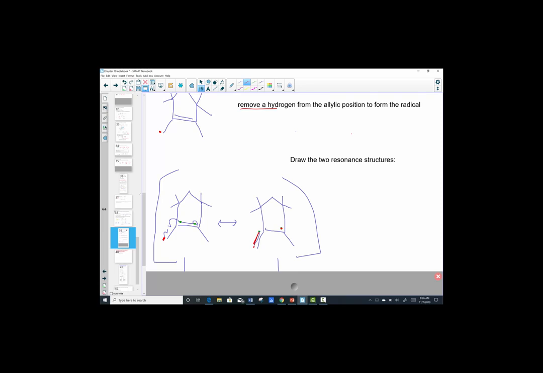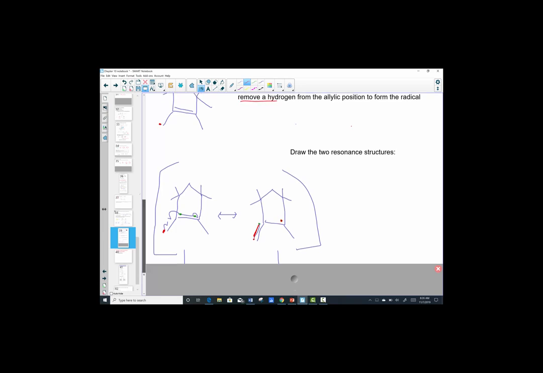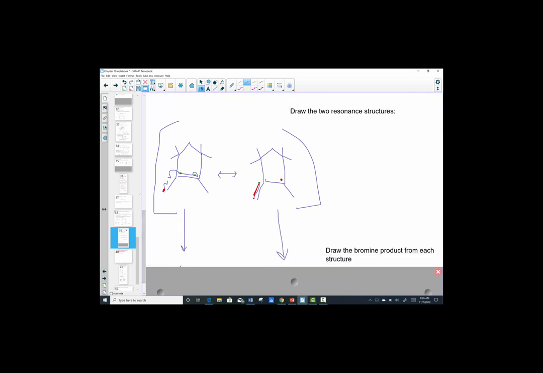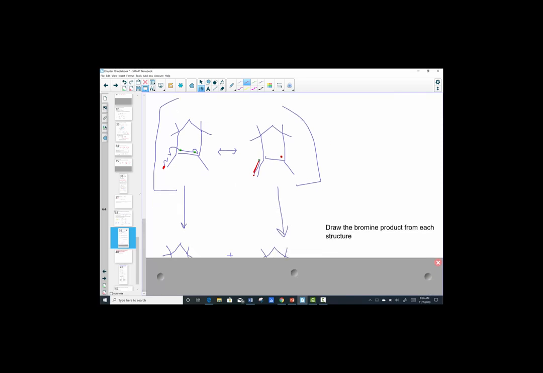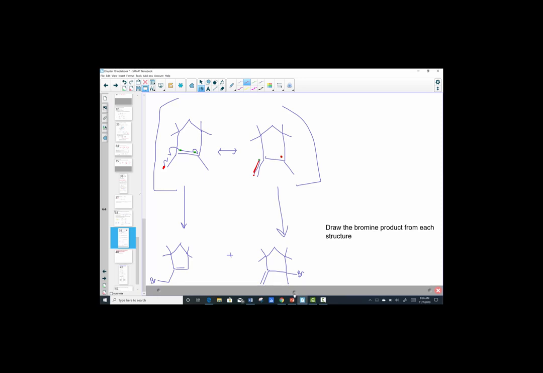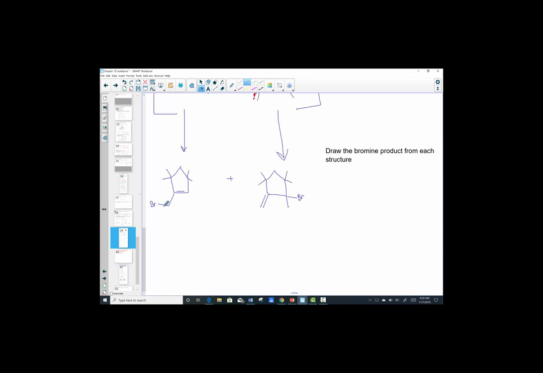And again, a second resonance structure where the allylic position is at the corner of the pentane house. And that will lead to a bromination product in each of those additional reactions. In other words, we have the bromine in the allylic position here, and a second product from the radical that was in the resonance structure, giving us 2 products to draw.